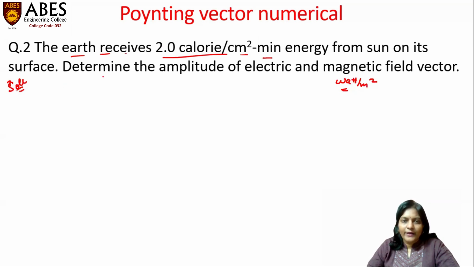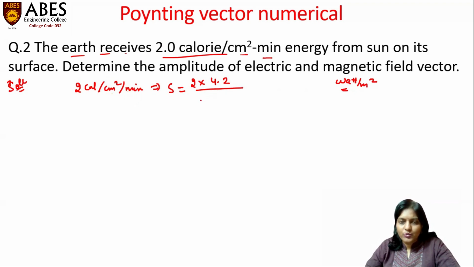So what is the solution of question 2? We know that this is the Poynting vector S, but we will convert it into the standard form of watt per meter square. 2 calorie means it is 2 into 4.2 joule per centimeter square. Centimeter square converts into meter square, it will be 10 to the power 4. And minute is converted into second, it will be 60.